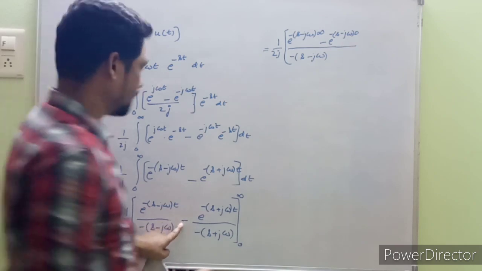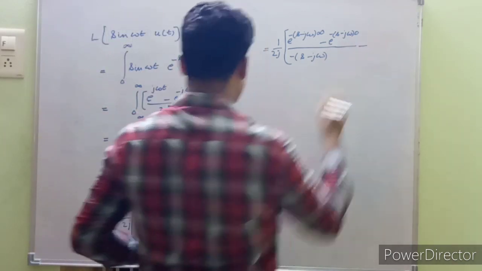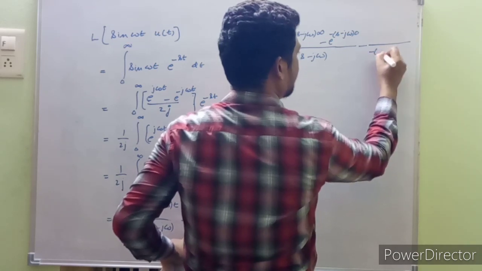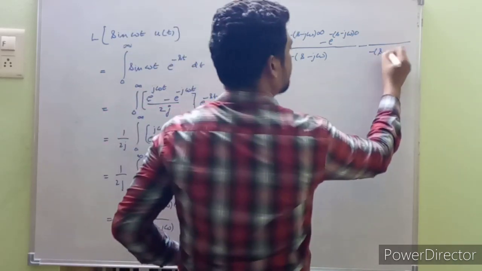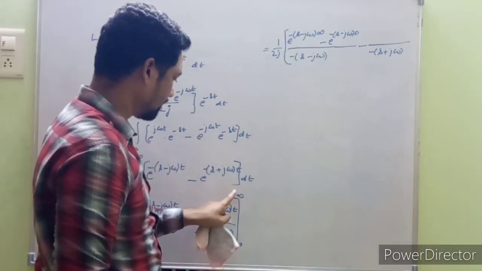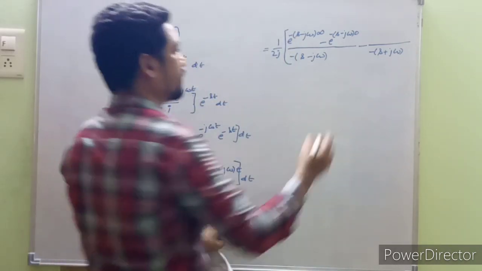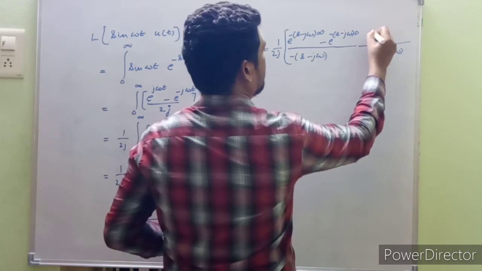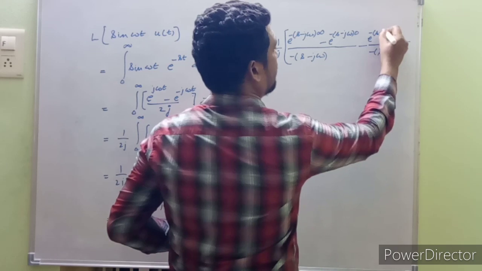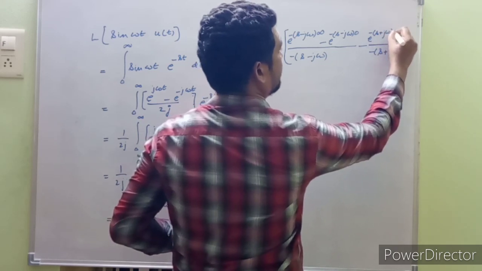And minus, we have minus over here, and negative minus of s plus j omega as it is in the denominator. Plugging in the upper limit and lower limit in place of t, what we have is e raised to minus of s plus j omega into infinity.